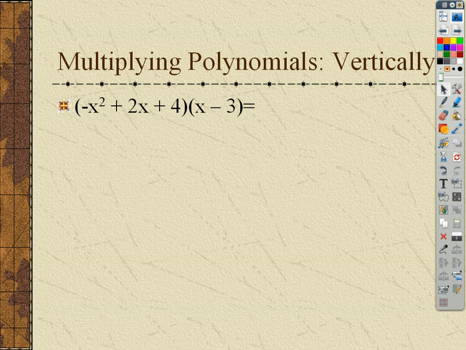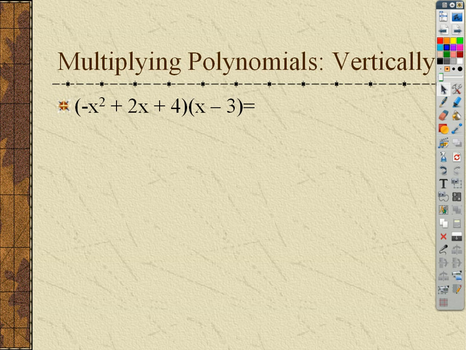The only thing you got to be careful of is when you get your answers down here, you need to have a column for the constants, a column for the x's, a column for the x squareds, a column for the x cubes, etc. We don't have to write them that way up here if we don't want to, but when we start getting answers, in order to be able to line them up vertically, we got to keep a column for each power.